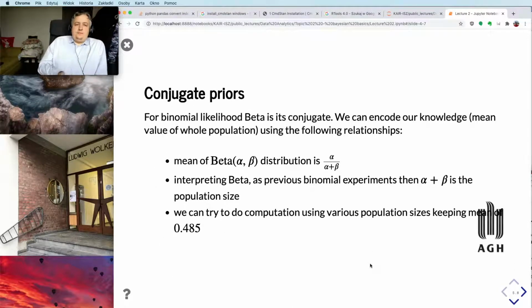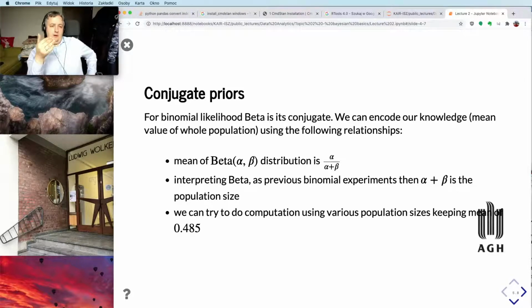So, in case of our probability distribution, because we don't have to use any other tools, we have a conjugate prior of beta, and we can actually do something like this. We know that the probability of female birth is estimated as 0.485.